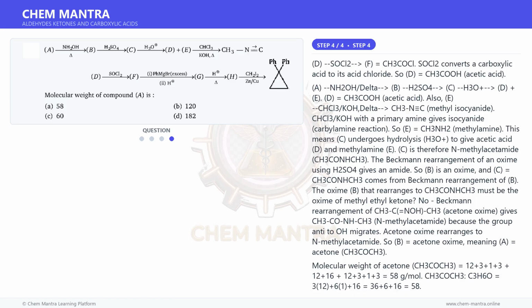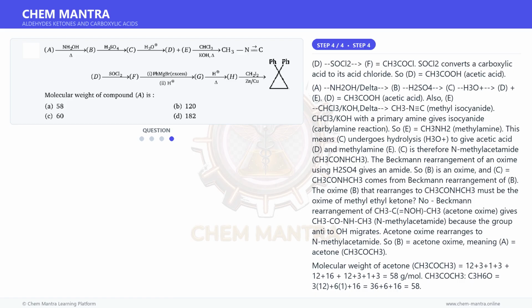The Beckmann rearrangement of an oxime using H2SO4 gives an amide. So, B is an oxime and C, CH3CONHCH3, comes from the Beckmann rearrangement of B. The oxime B that rearranges to CH3CONHCH3 must be acetone oxime. The Beckmann rearrangement of (CH3)2C=NOH, acetone oxime, gives CH3-CONH-CH3, N-methylacetamide, because the group anti to OH migrates.